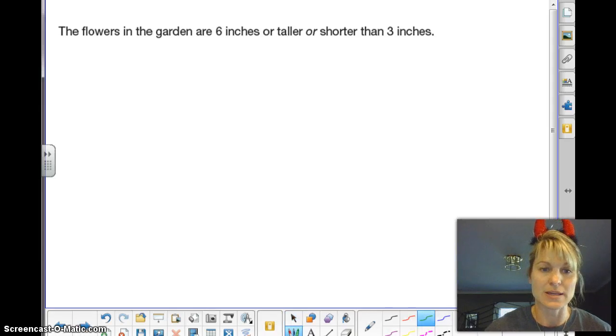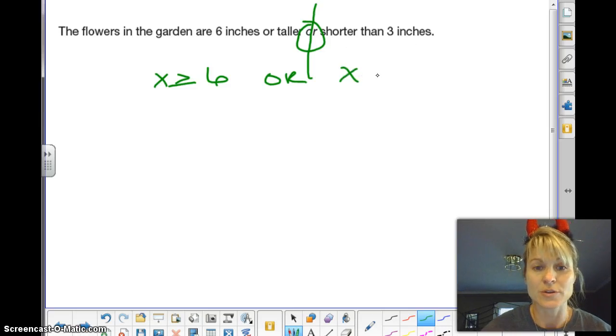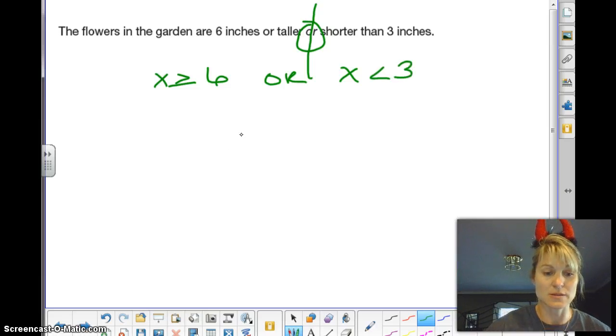So this is my keyword, "or." It's going to break it in half: shorter than 3 inches. So again, we're going to do the two parts. The flowers are 6 inches or taller, so that means it is 6 inches or more, so we need the greater than or equal to. And then we have our "or." Then we're talking about our flower again: shorter than 3 inches. Shorter than means it can't be 3, so it's just less than 3.